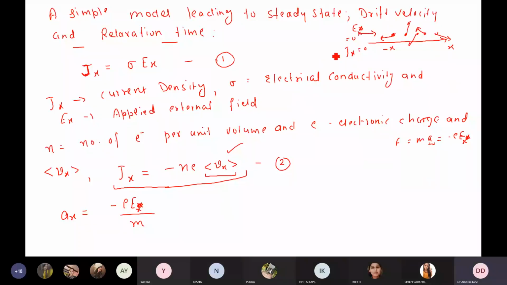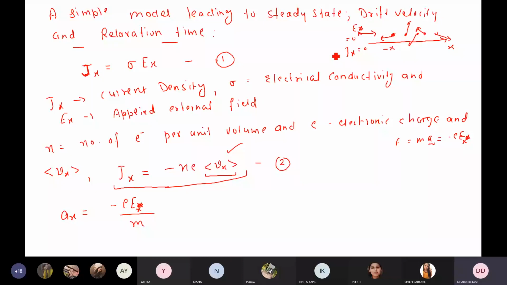Okay, so it is evident that the influence of the electric field alone would not lead to a steady state as required by Ohm's law. If we apply the electric field, then the velocity of the electrons will go on increasing, but the steady state will not be obtained under that situation.